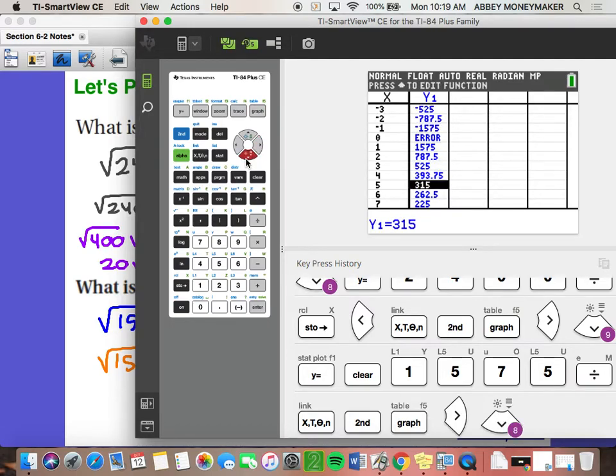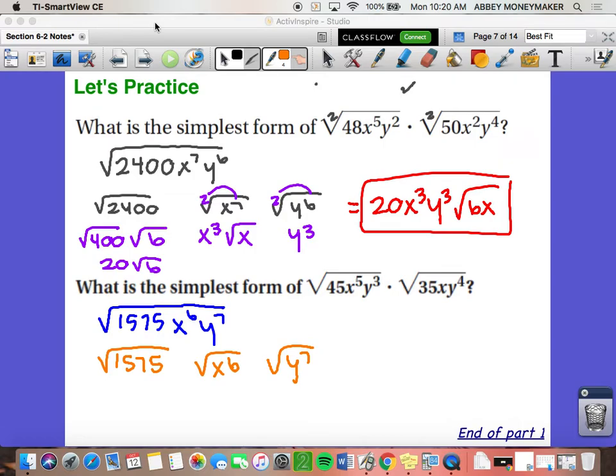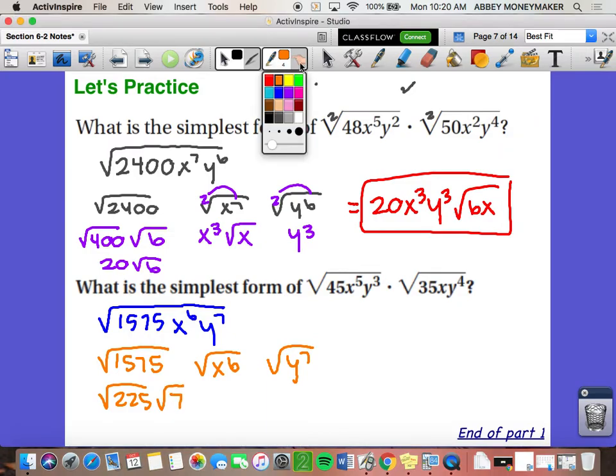And it looks as if 225 is going to be our perfect square factor. 225 is the perfect square here because that breaks down to 15. The square root of 225 is 15. So we're going to say that's 225 times 7, which simplifies to 15 square roots of 7.